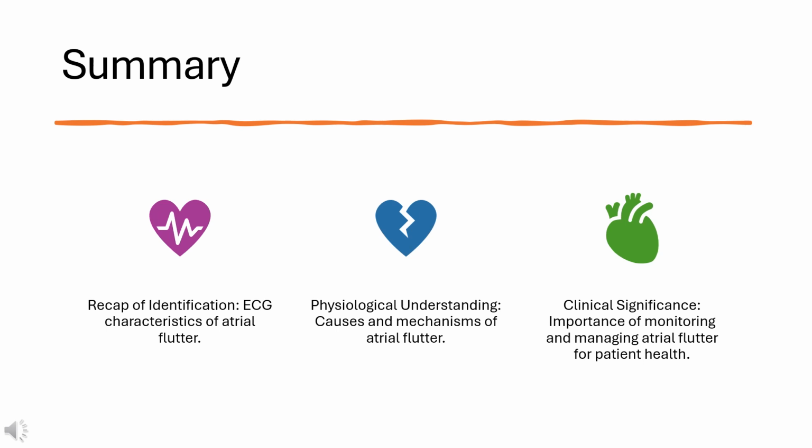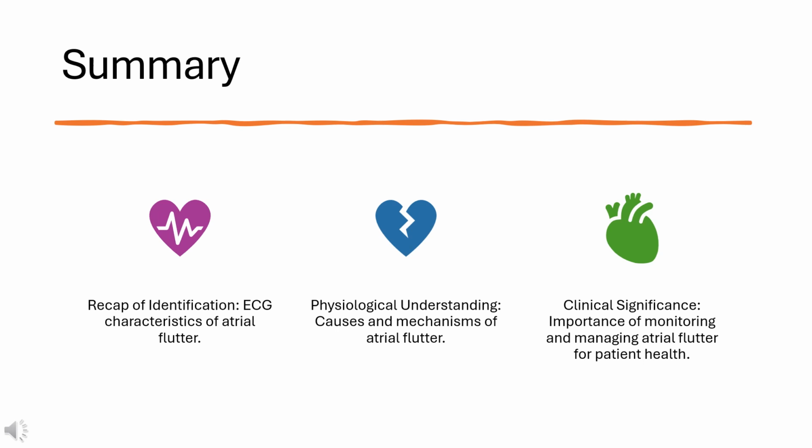We learned how to identify the ECG characteristics of atrial flutter. So, sawtooth pattern is the hallmark of atrial flutter. It's the irregular, multiple P waves that are seen before each QRS complex. There are multiple P waves for every QRS complex, often in a fixed ratio such as 2:1, 3:1, or 4:1. The ventricular rate may be regular or variable depending on the degree of AV block.